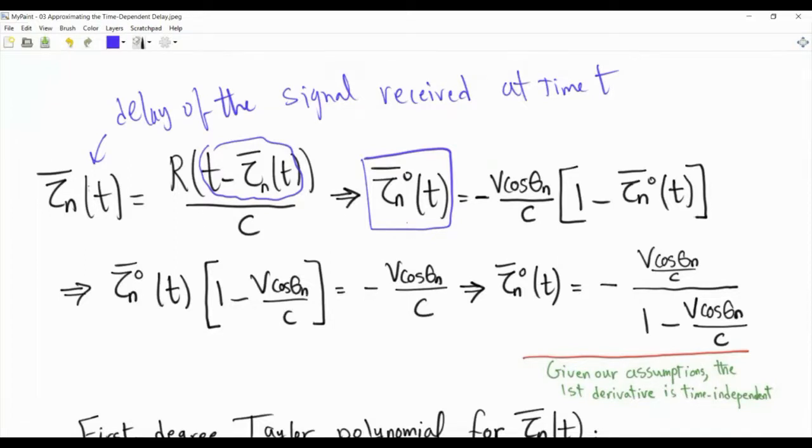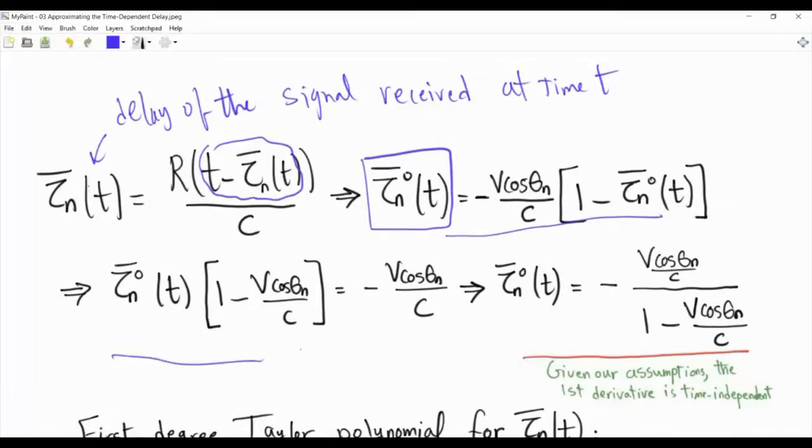And then we took the first derivative of both sides, and we invoked a bunch of approximations, and now we have this result here. You can see again we have no time dependence here, and we can rewrite the equation to get a formula for the first derivative of the delay with respect to time.